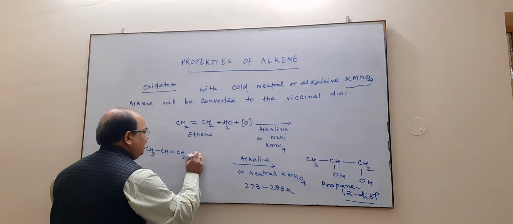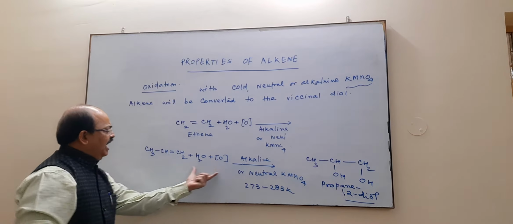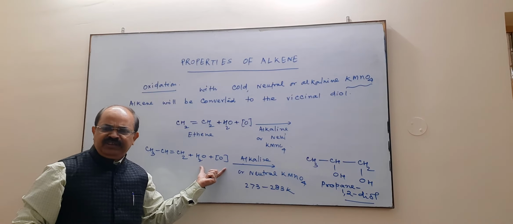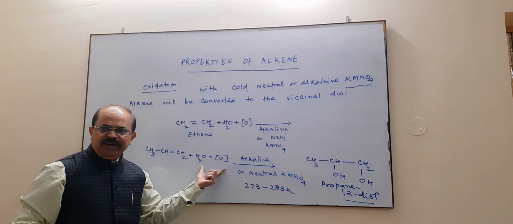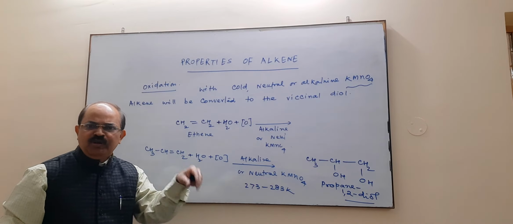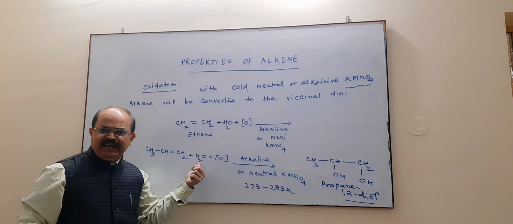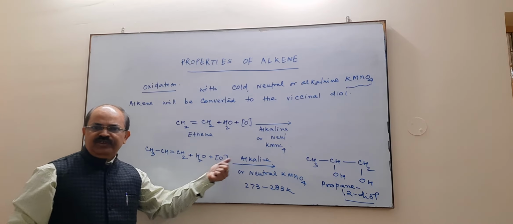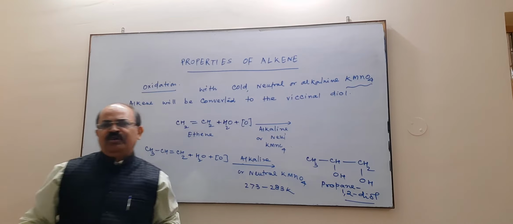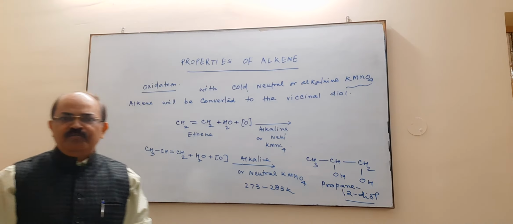Now here you may write H2O plus nascent oxygen. आप चाहते तो इसको नहीं भी लिख सकते थे, ये अंडरस्टूड है, because water means we are taking KMnO4 in water, KMnO4 को हम वाटर में डिसॉल्व करके एक्वस सॉल्यूशन बना रहे हैं, and this nascent oxygen is furnished by your KMnO4. Actually, why is this reaction important?